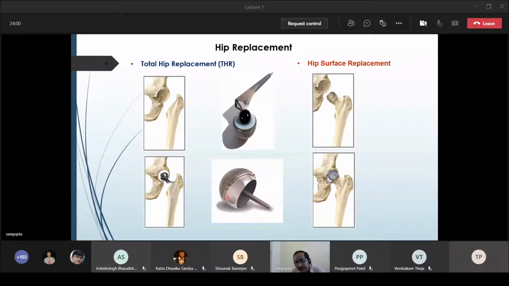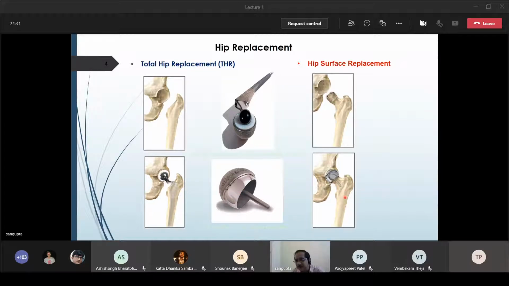But the acetabular component actually is almost the same. Okay. To be honest, the acetabular replacement, or acetabular prosthesis, acetabular component as you call it, is in both cases surface replacement. Okay. The design can vary, but it is essentially a surface replacement.